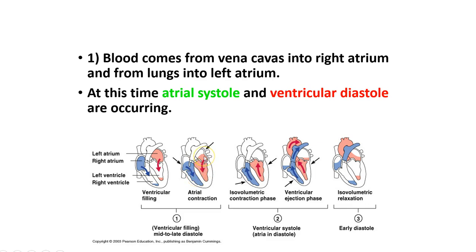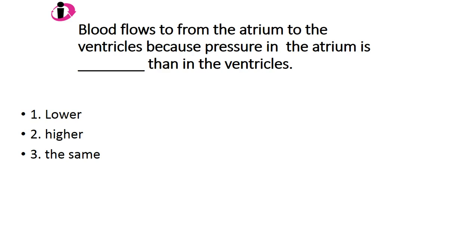As the atrial heart cells contract, the volume decreases and the pressure increases, and that's going to move blood into the ventricles, which again are in diastole. So blood flows from the atrium to the ventricles because the pressure in the atrium is higher than in the ventricles, and blood flows from high to low.